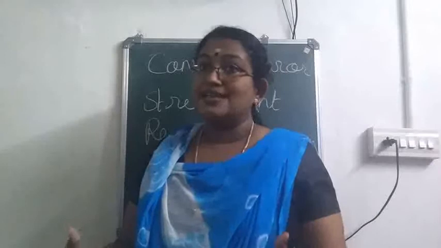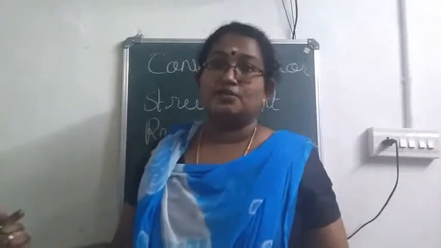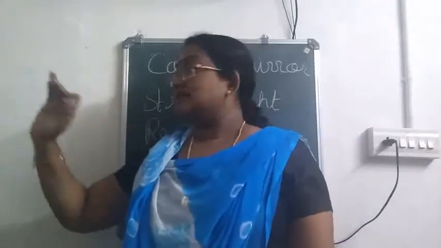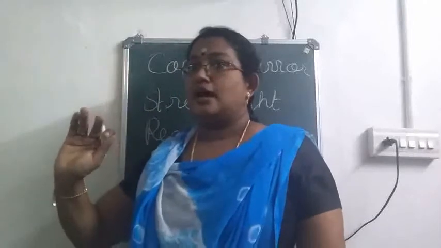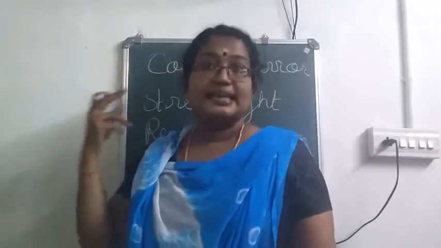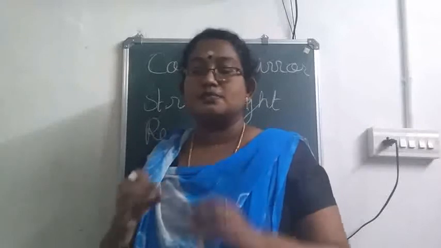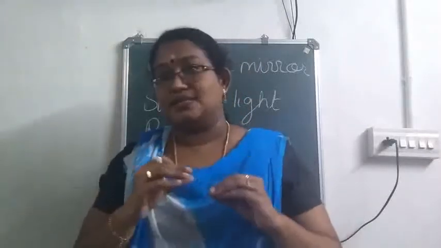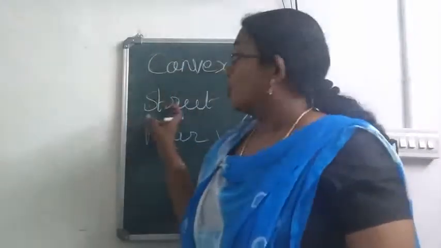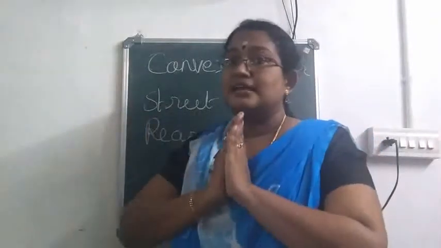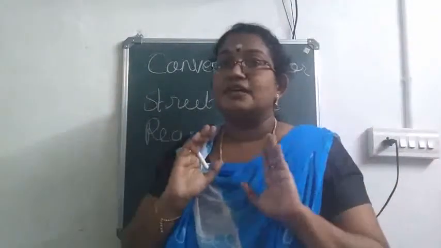A convex mirror diverges the light rays, so he can see that entire region behind him. Instead of that, if you are using a concave mirror, only a small part will be visible. In the case of convex mirror, the region covered will be more.